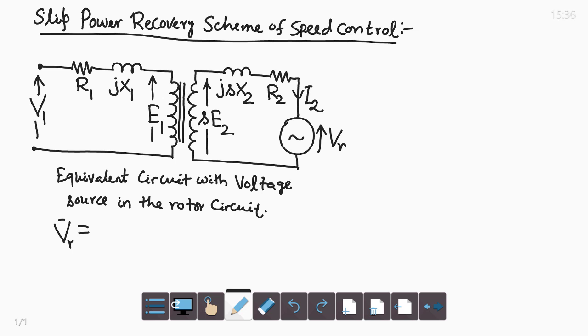VR phasor is the injected voltage, injected EMF in the rotor per phase.